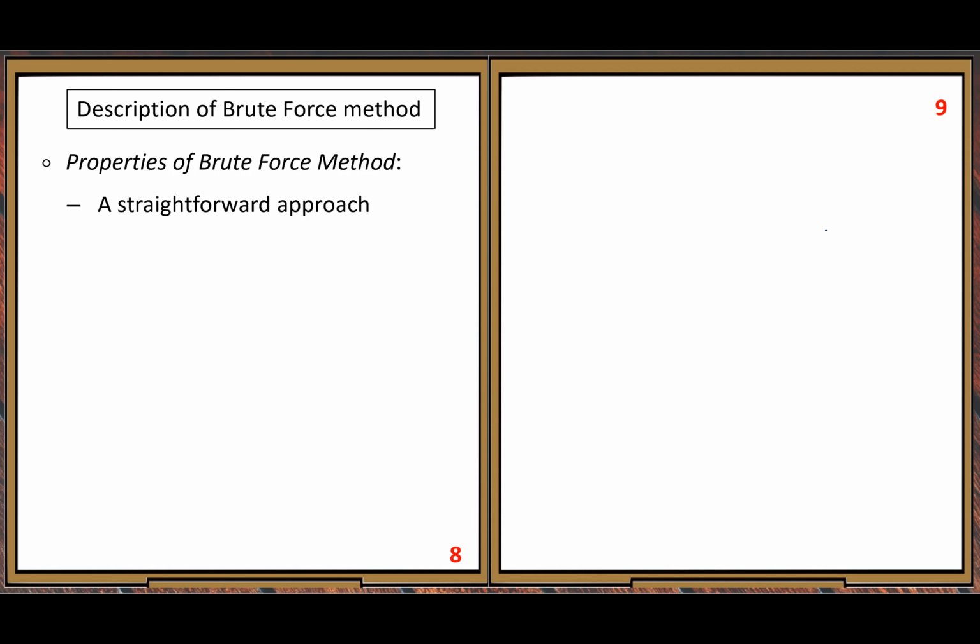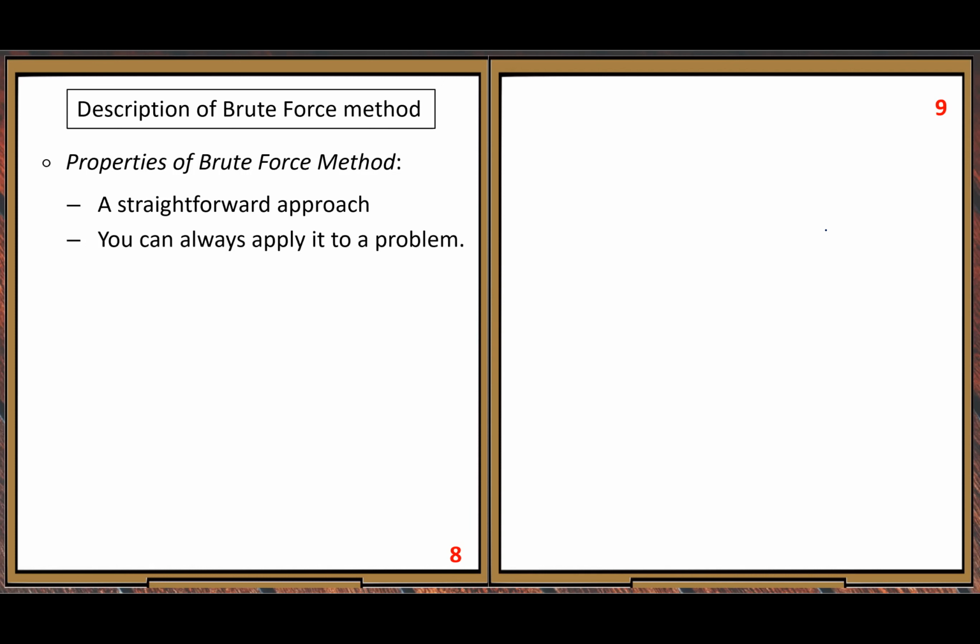So the first thing they can try is a straightforward method. Straightforward usually means you do not apply any special technique. Just work on the data directly.